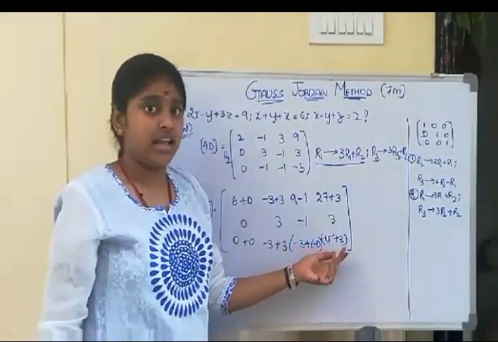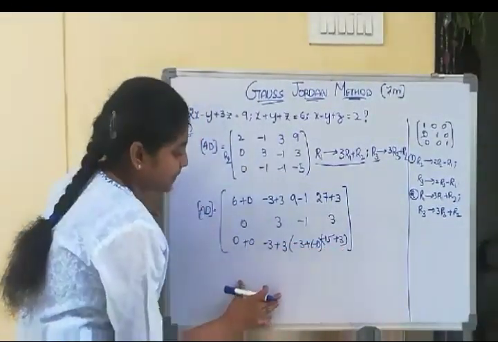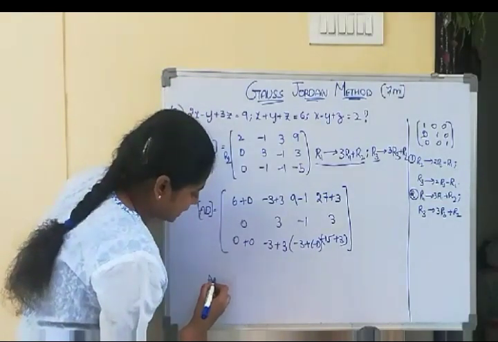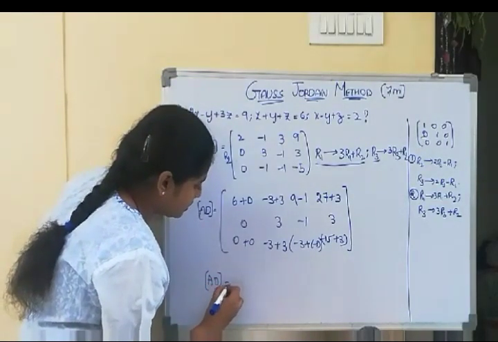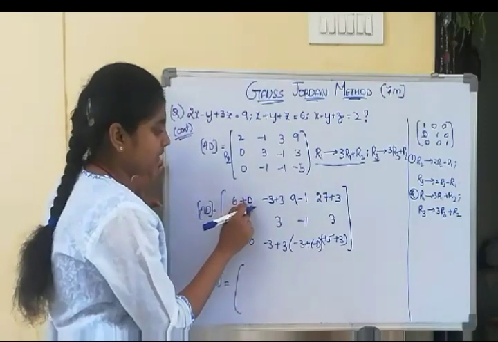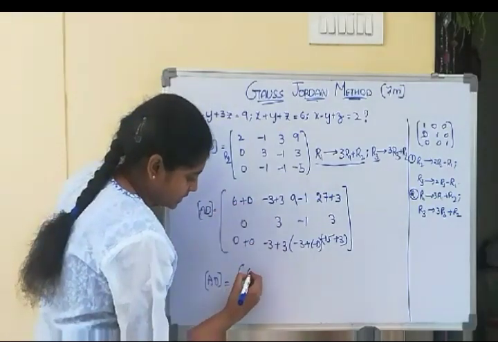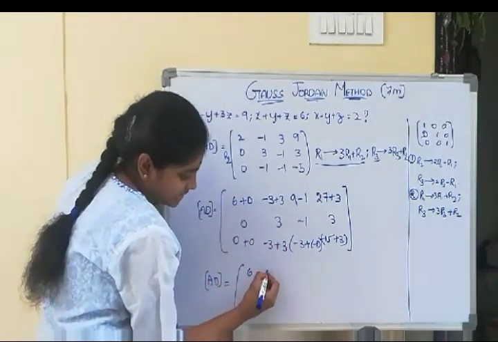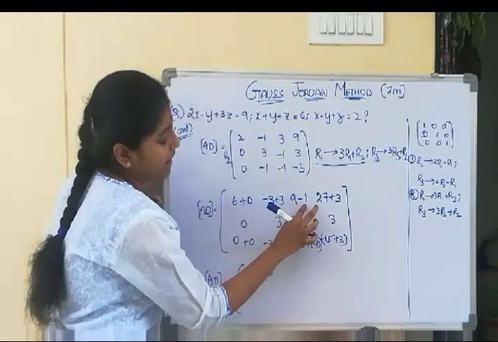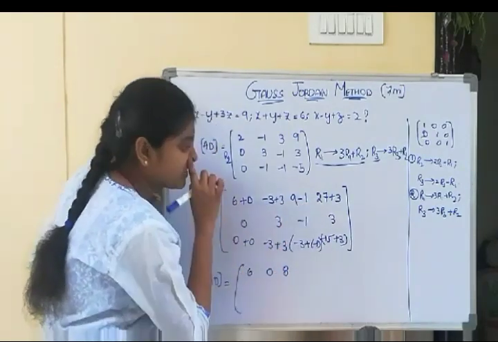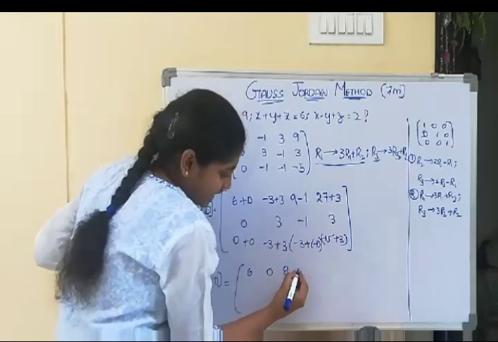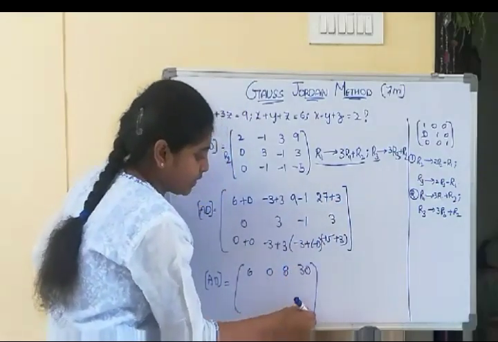Now we will write this matrix here, that is A into B is equal to: 0 plus 6 plus 0, it is 6; minus 3 plus 3, 0; 9 minus 1, it is 8; 27 plus 3, it is 30.